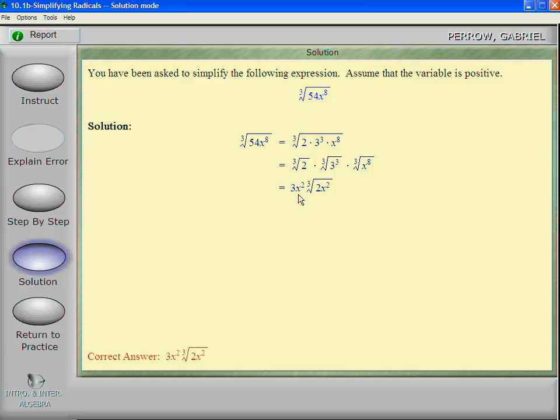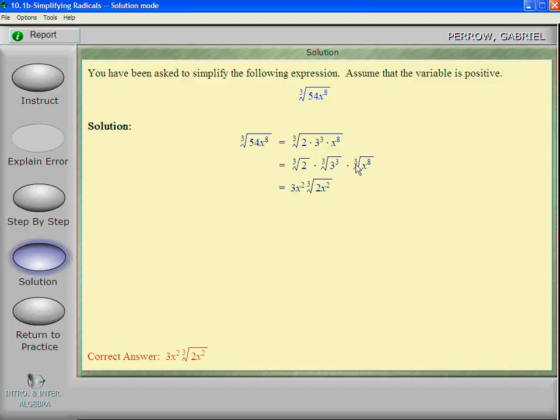Now the rest of this, there's an x squared out front and there's an x squared underneath. How did that happen? Well, it's almost like dividing and having a remainder, is the way I think of it. 3 divides into 8 and it goes in twice with a remainder of 2.